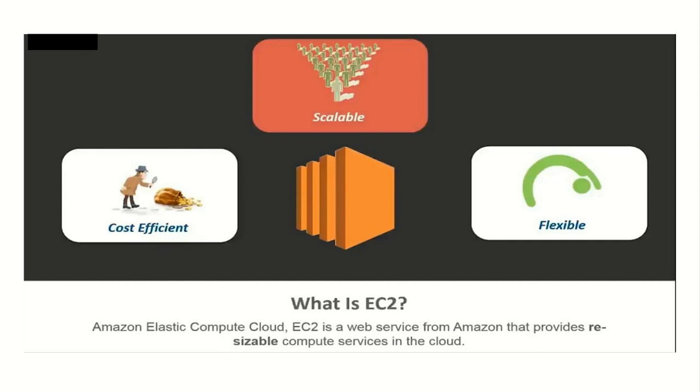So when we talk about EC2, it is highly scalable. Once we get into the demo part, we will see how it is scalable, and it being cost efficient makes it highly flexible. So that is the third point.